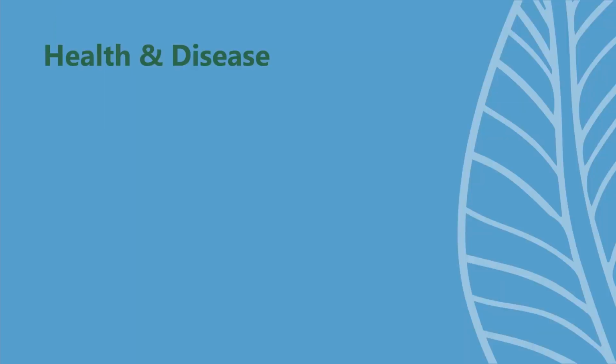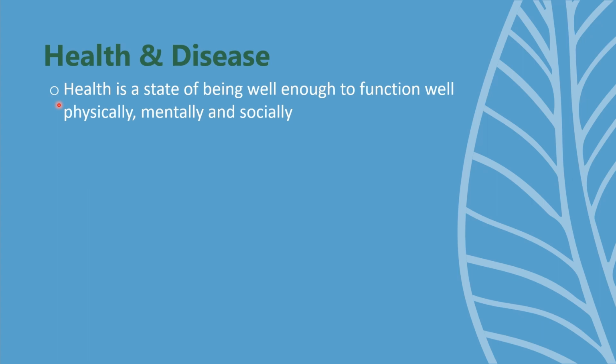What is meant by health and a state of disease? Health is a state of well-being enough to function well physically, mentally, and socially. That means if a person is well only physically, that doesn't mean that person is healthy.